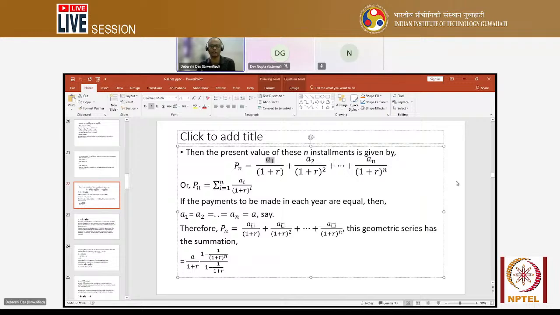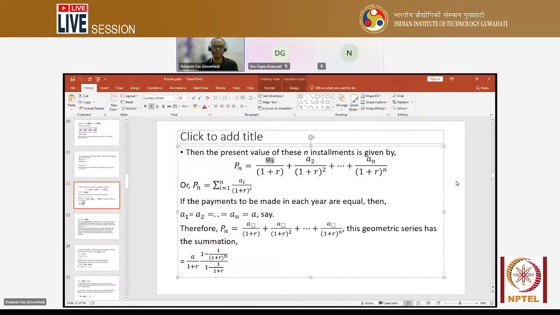What is the amount of interest? A1 divided by 1 plus R multiplied by R. So if you add the principal and the interest, you are going to get A1 divided by 1 plus R multiplied by 1 plus R. So ultimately you are going to get A1, right? That is what you are supposed to get in the next period.